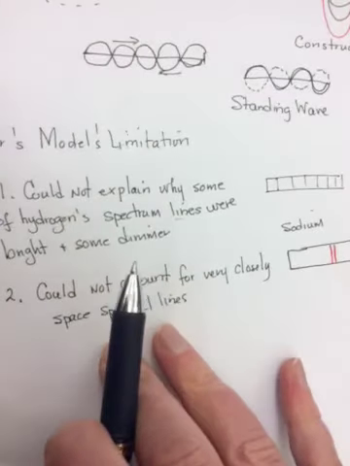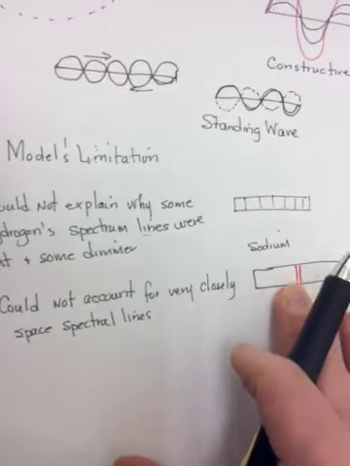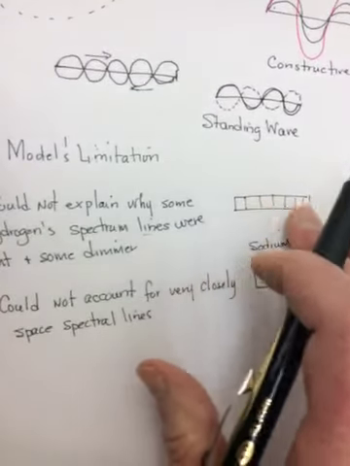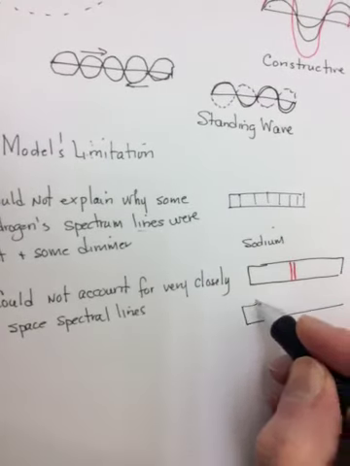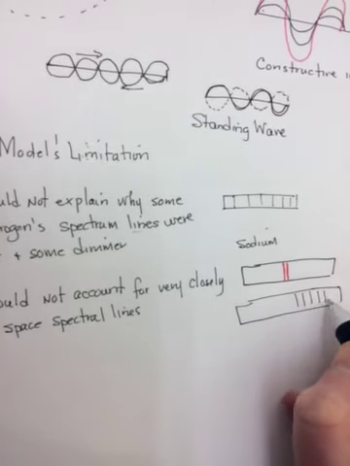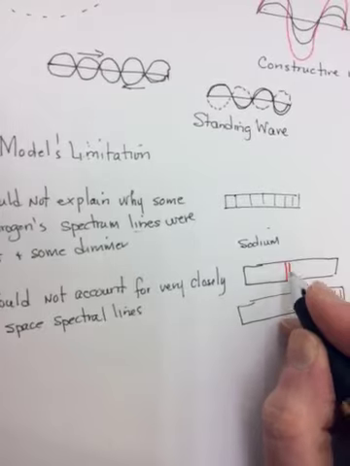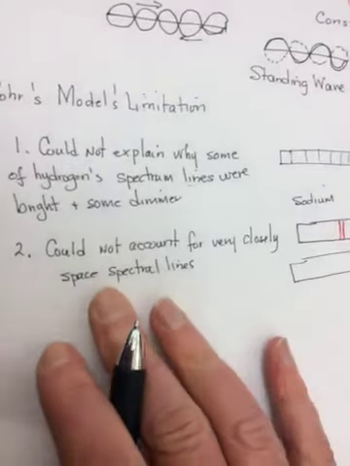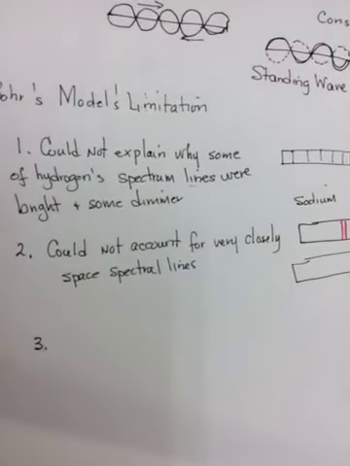Okay, so Bohr's model can't account for why 2 lines would be really close together, whereas in other spectra, they would be far apart. Like neon, for example, has about 20 red lines, but most of them are not as close as sodium's 2 yellow ones are. So Bohr couldn't explain why they would be close or not close.